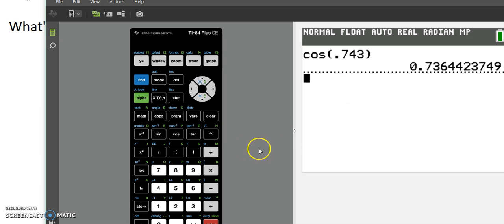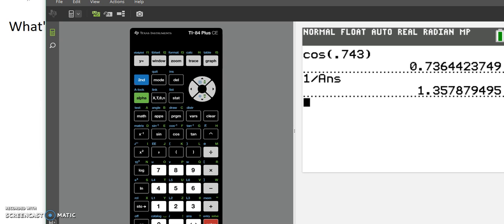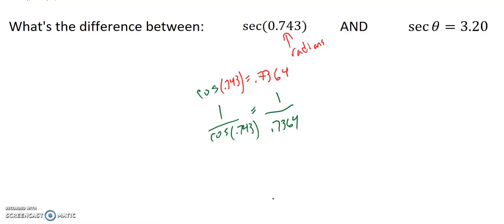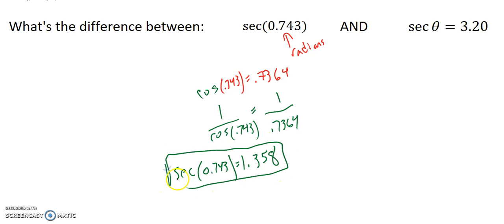I go to my calculator, I take 1 over second answer, and I get 1.358. So the secant of 0.743 radians is 1.358. That's what it means to evaluate my trig function using reciprocals.